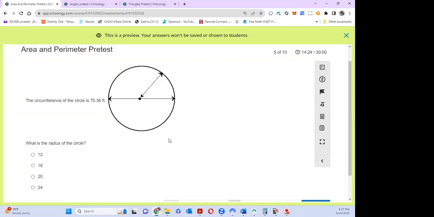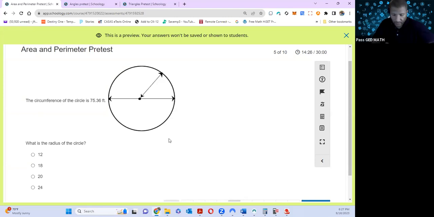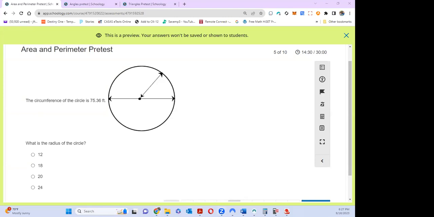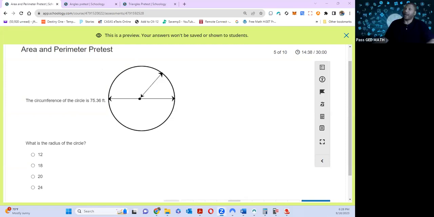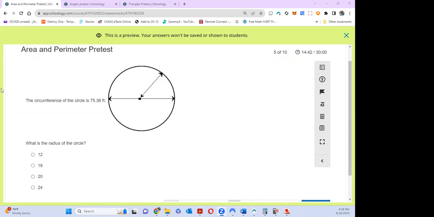How would you even start that problem? So we would do square root. No, and no. Identify your givens. Identify what you know. So it's the circumference of a circle.